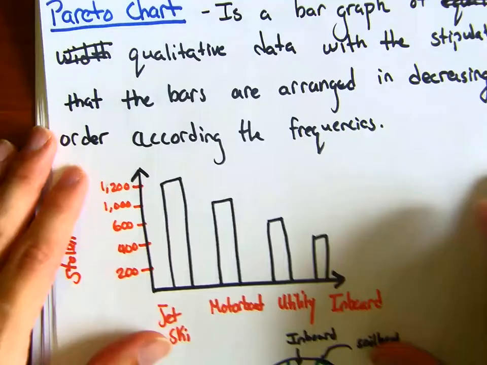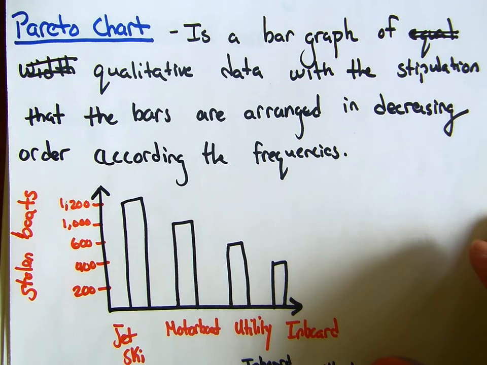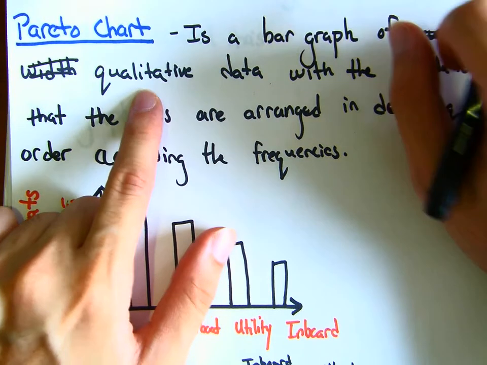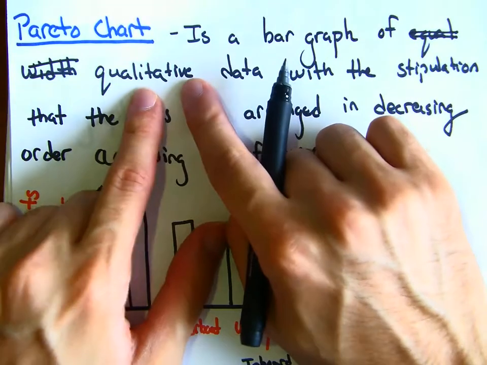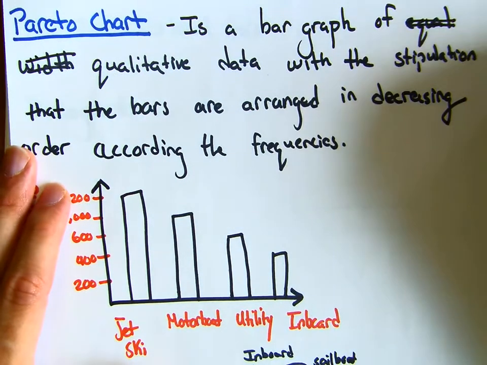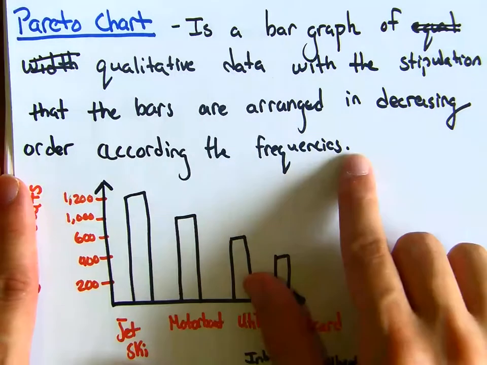A Pareto chart, I don't think is as common, but the idea is that here we're going to talk about qualitative data. We're not talking about numerical values, we're talking about non-numerical values, in which the bars are arranged in decreasing order of frequency.